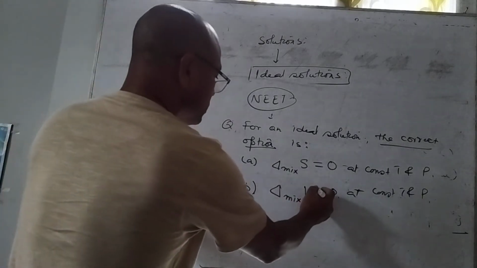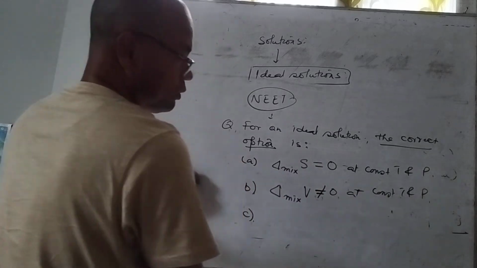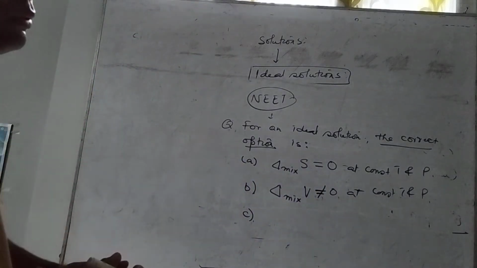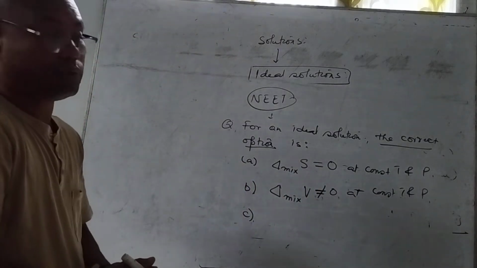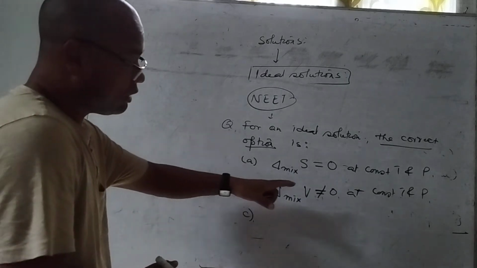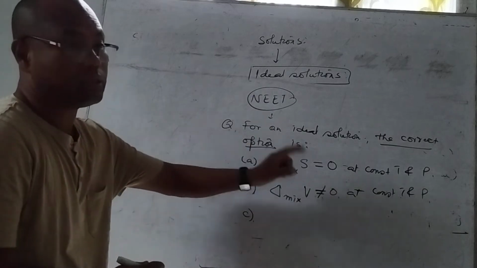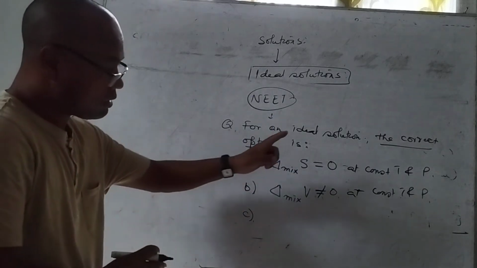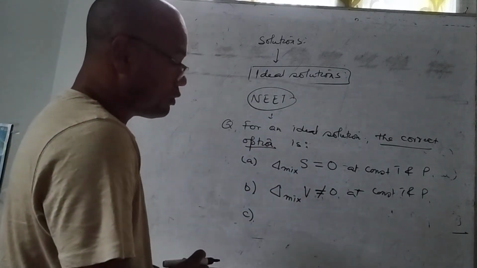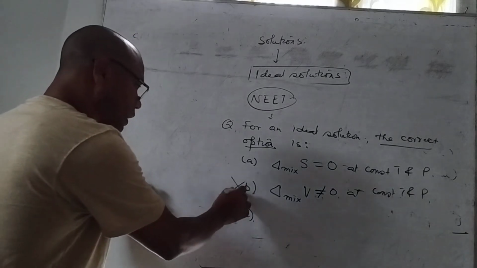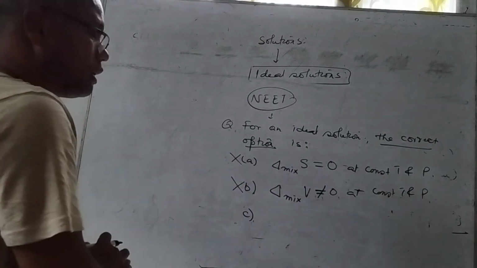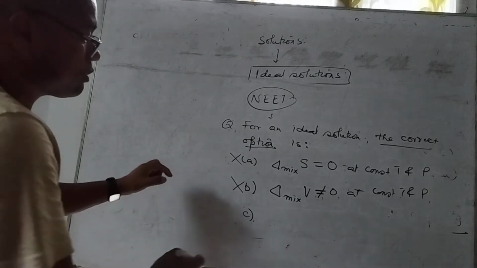In this option it is given as not equal to 0. As I mentioned, for an ideal solution it should be equal to 0. So if I write that this is not equal to 0, this is not for an ideal solution.